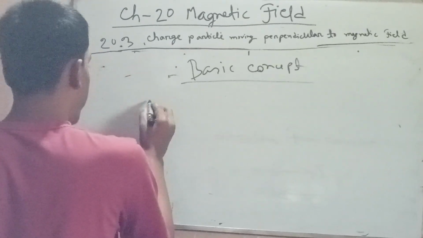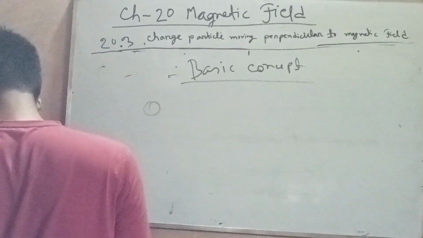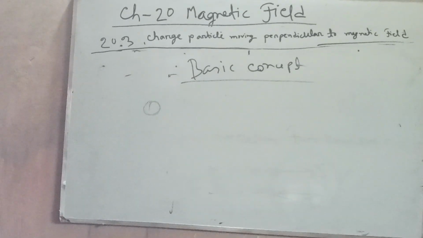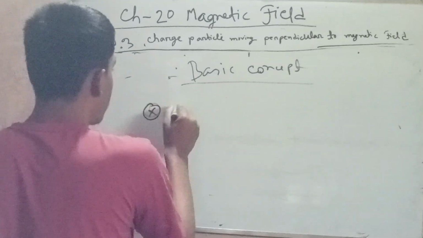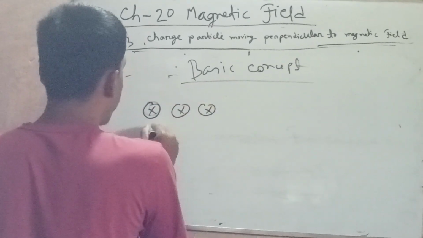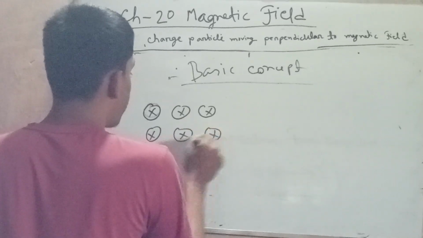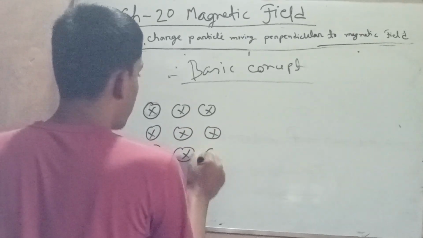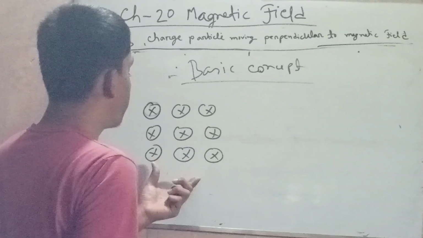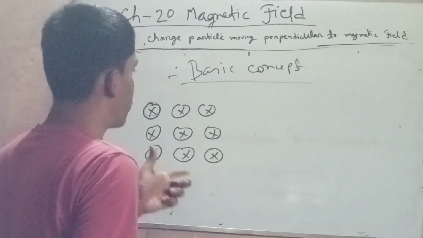And the magnetic field: if the magnetic field is represented by crosses in circles, then it is directed into the board.